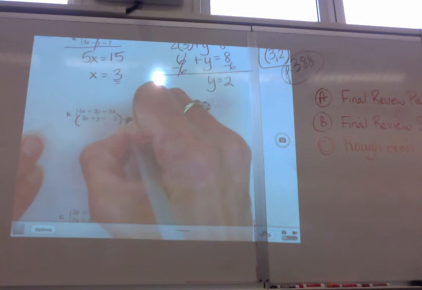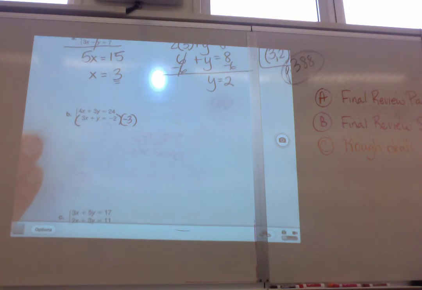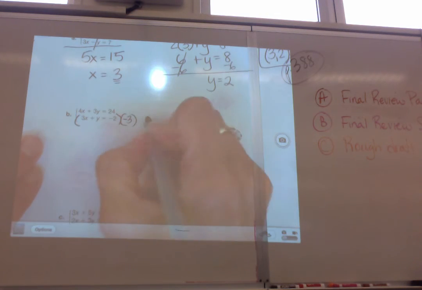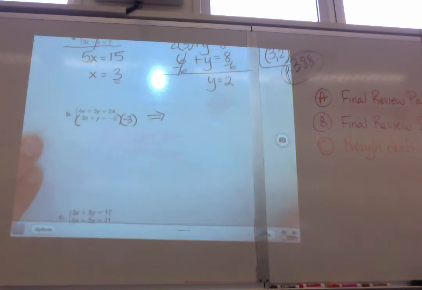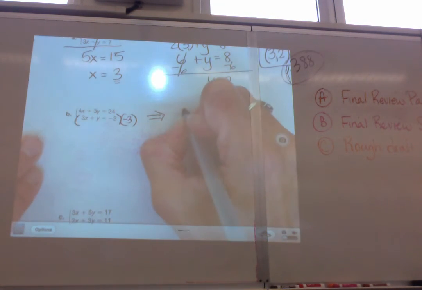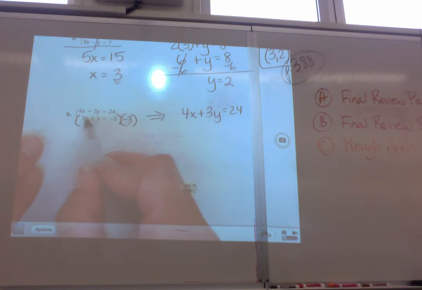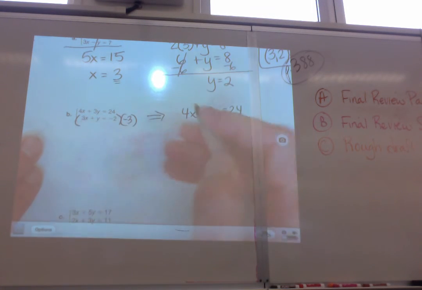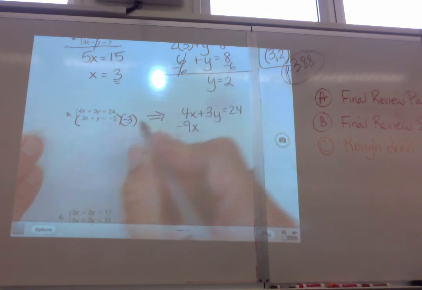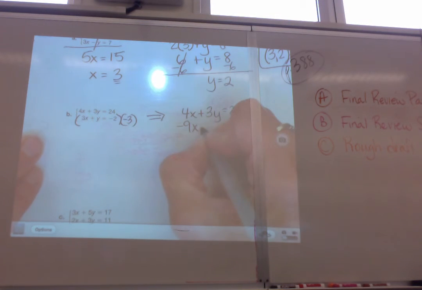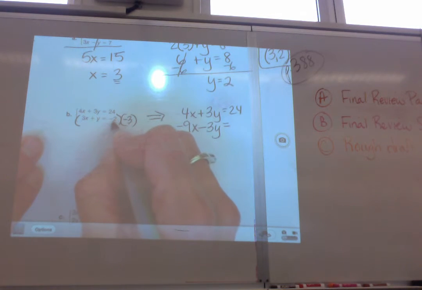Okay. Top equation, I'm just going to rewrite. Bottom equation, I'm going to times by a -3, times by a -3. 3 times 3, -9x, -3 times y, -3 times -2.